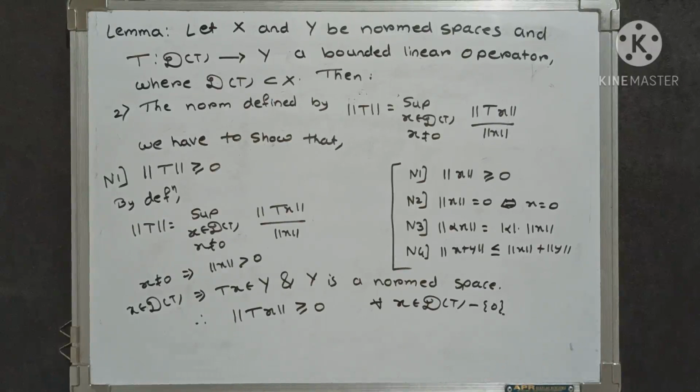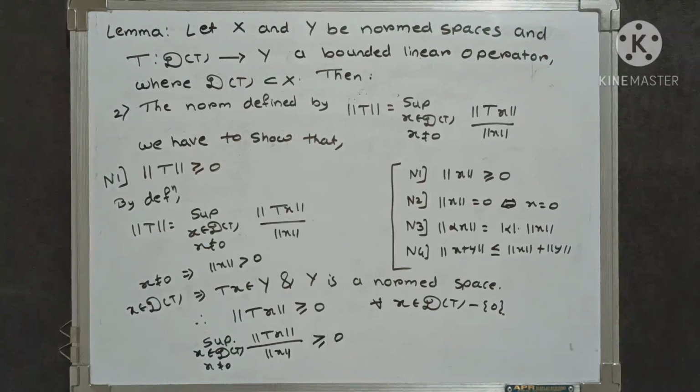As it is true for any x belongs to D(T) minus singleton 0, therefore it is true for the supremum also, and therefore we can write supremum of norm of Tx divided by norm of x, because norm of x is strictly greater than 0, so we can take supremum over x belongs to D(T), x not equal to 0, of norm of Tx divided by norm of x, it is greater than or equal to 0.